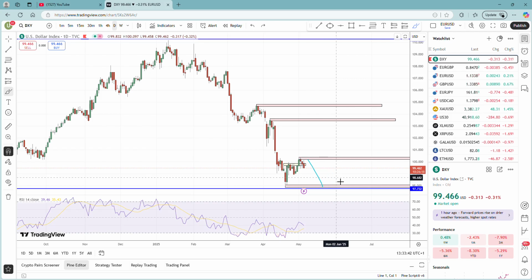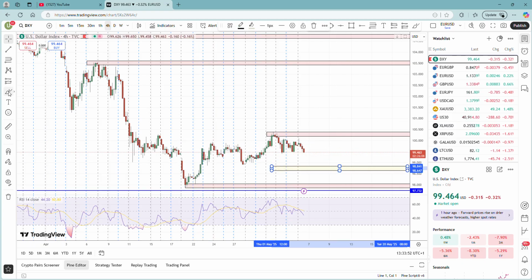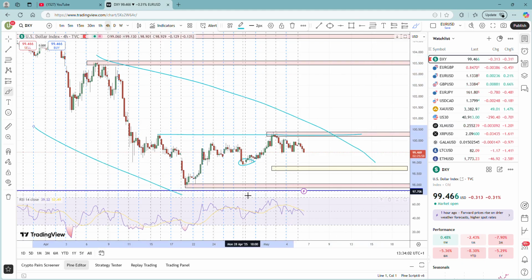So once we've done that on the daily, you want to go to your H4 time frame and repeat the process once again. So here I can see price looks to be still in a downtrend. So you can mark here the lower low, here's the lower high, low, lower high.